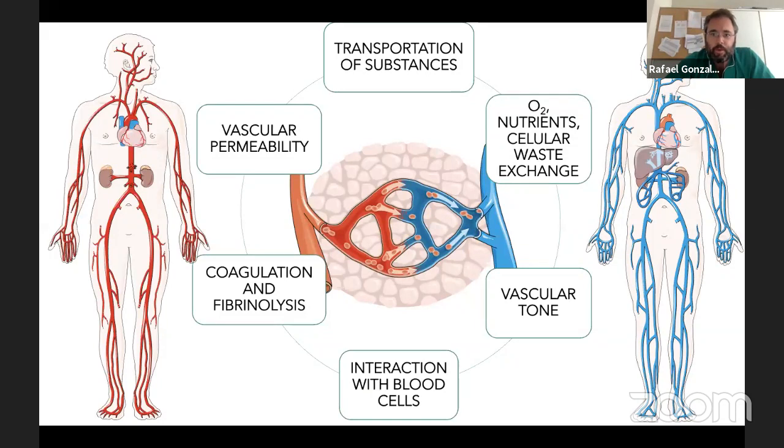We have to remember that it's involved in very different functions. Besides transportation of substances like O2 or nutrients and removing waste from the tissues, it's involved also in vascular tone regulation, interaction with blood cells, coagulation and fibrinolysis, and it also regulates vascular permeability.